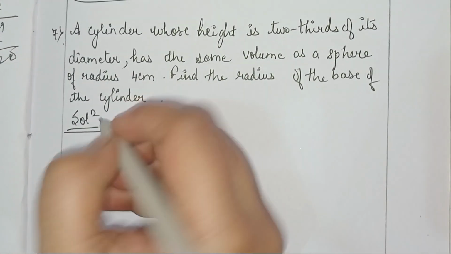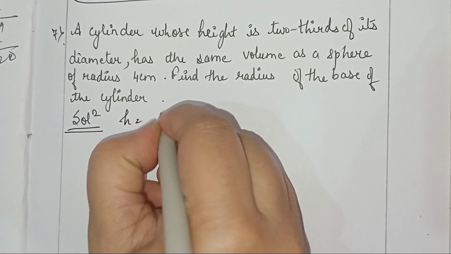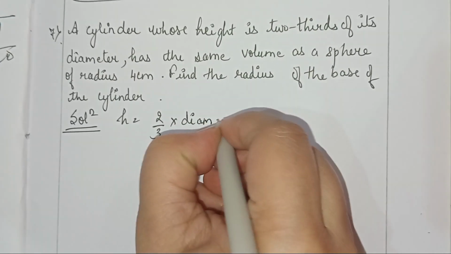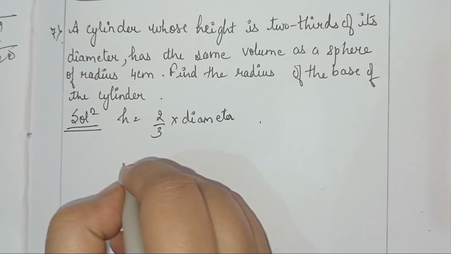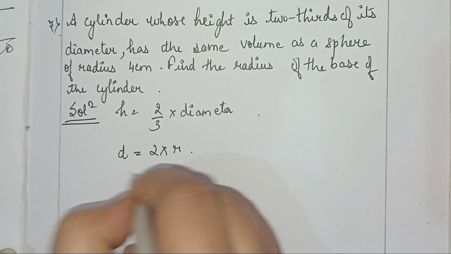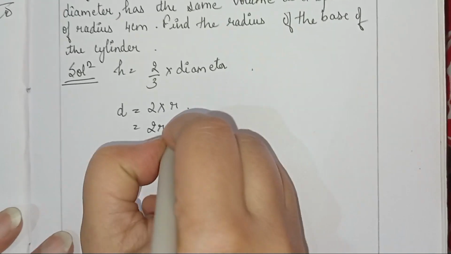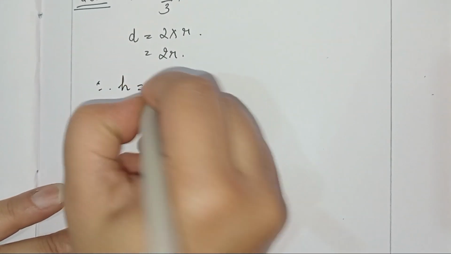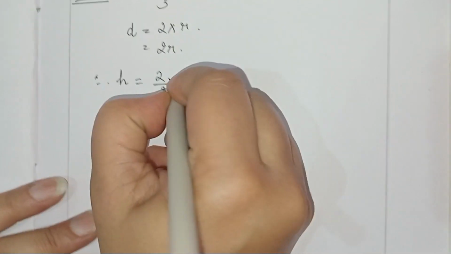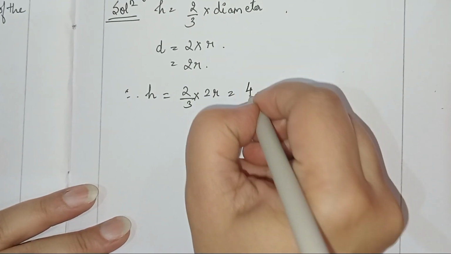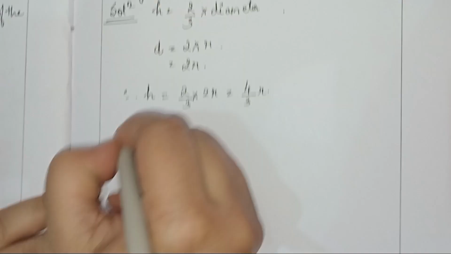Okay, let's go. Height is 2/3 of the diameter, which is given to you. So d is equal to 2 into r, twice the radius. Therefore height is equal to 2/3 into 2r, which will give you 4/3 r.